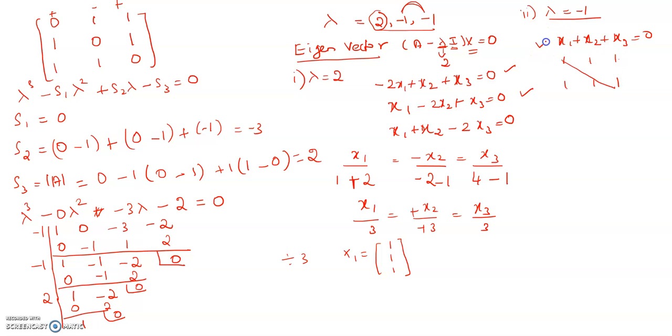So இப்போ இந்த ஒரே equation x1 plus x2 plus x3 is equal to 0. இப்போ நம்ம ஒரு eigen vector find பண்ணணும் இல்லையா? So put x1 0. இப்போ x1 0 ஆனா என்ன ஆகும்? This equation becomes x2 is equal to minus x3. So x2 by minus 1 is equal to x3 by 1. Therefore the second eigenvector is, we have taken x1 as 0, x2 minus 1 கிடைச்சது, x3 is 1.